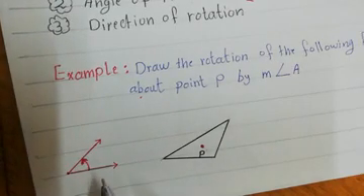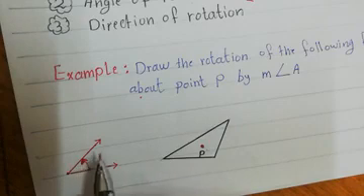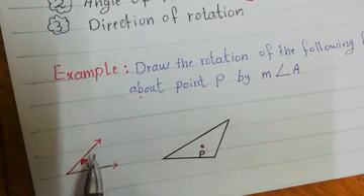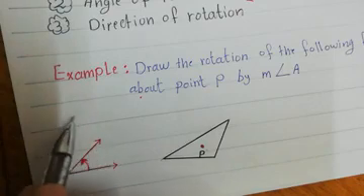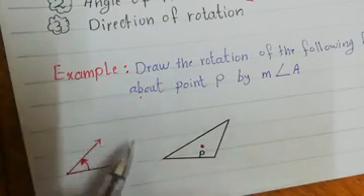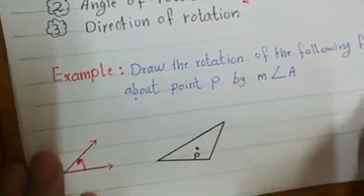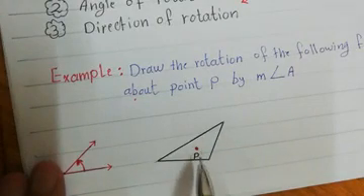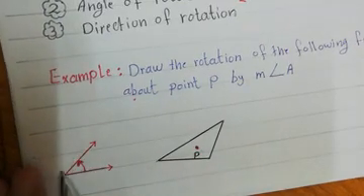If he gave you the measure of the angle, it will be a positive measure. Positive measure means it's in counterclockwise motion. If it is a negative measure, it means you have to move clockwise in this direction.